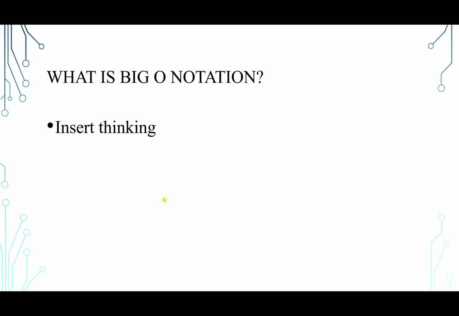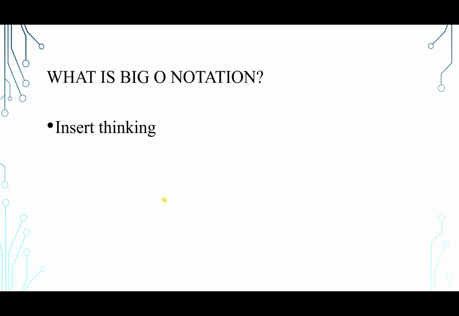So what is big O notation? Think about it. After what you have heard, we have n terms, and if we have 10 people, 10 spots, that's space complexity. If it's time complexity, it's the time needed to process every element in my list.